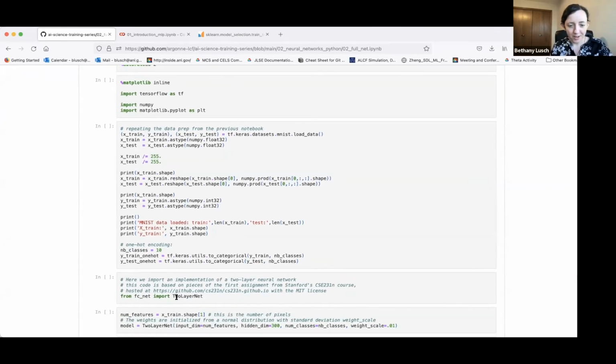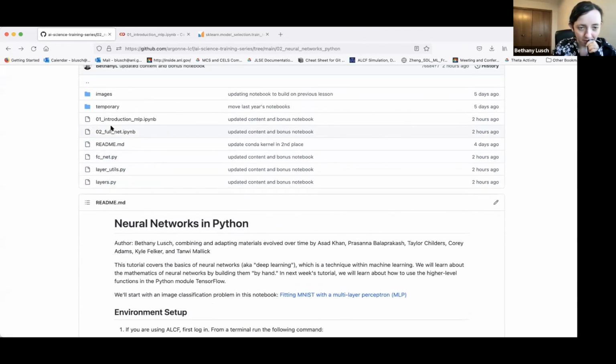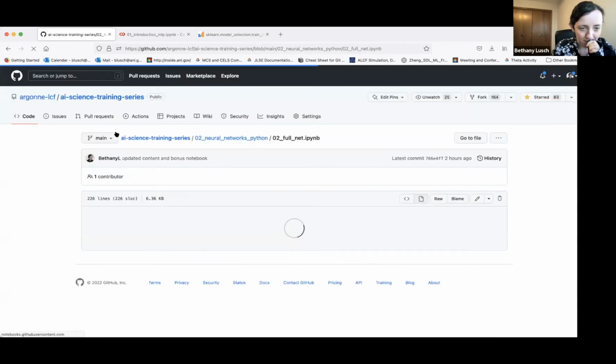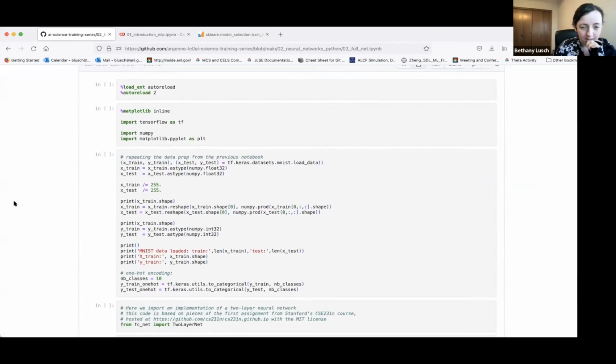And I tucked it away in these Python files that are in the repo. So we're going to import from these files. You can dig around if you want to see the implementation of those gradients, but it's a lot of calculus.